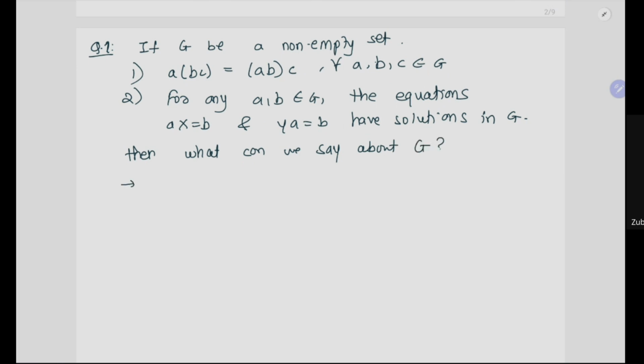I mean, whether this G is a group or not.